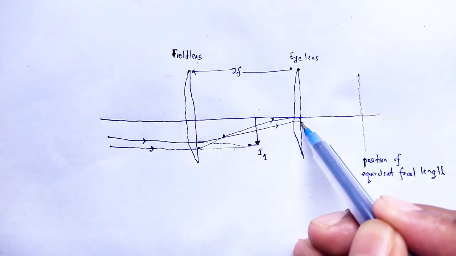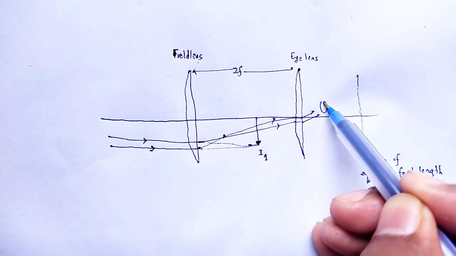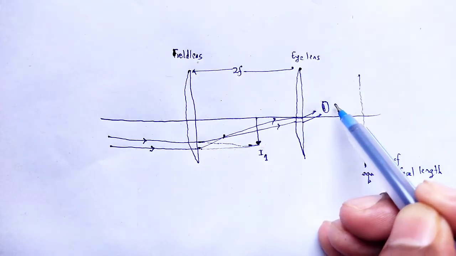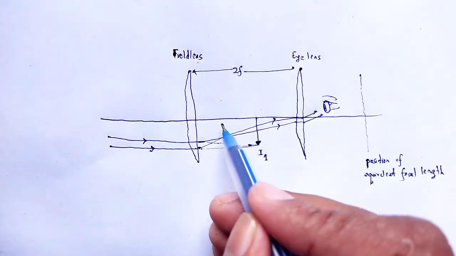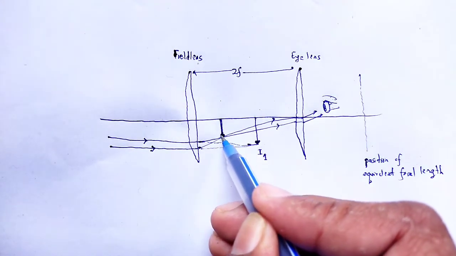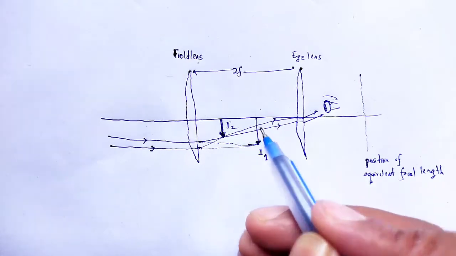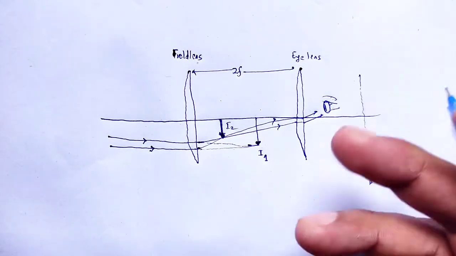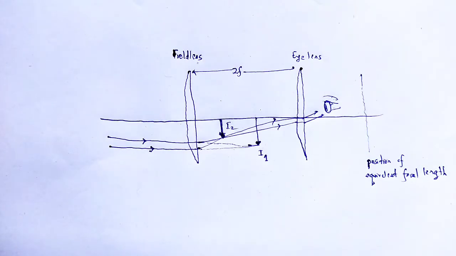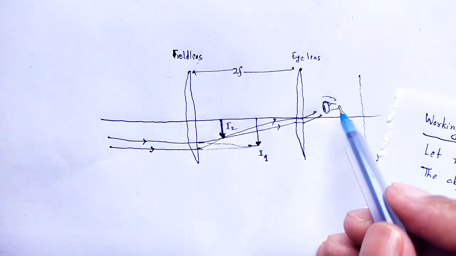Here the image I2 is formed. The image is formed at the eye.